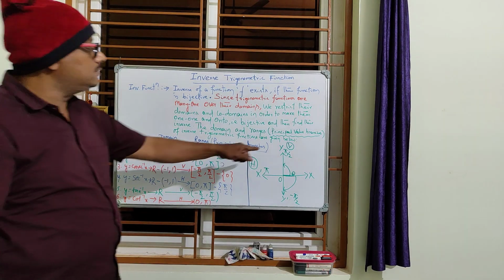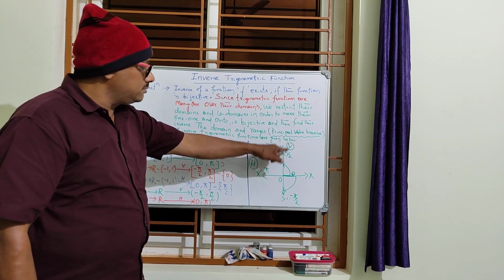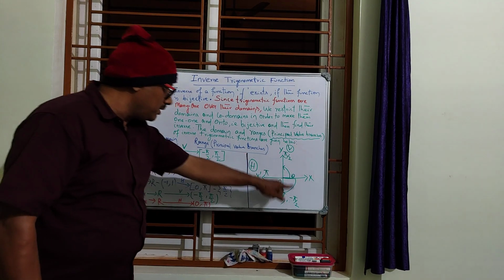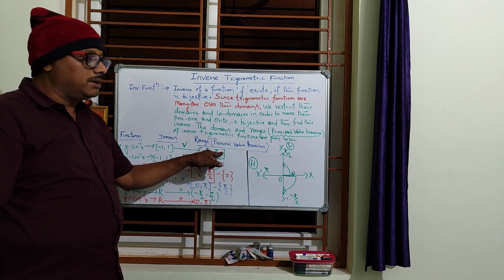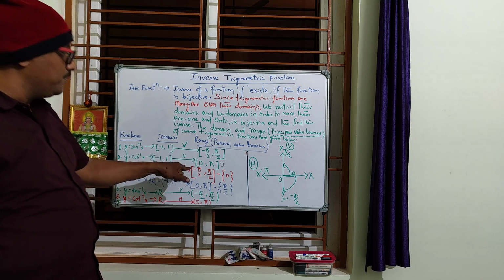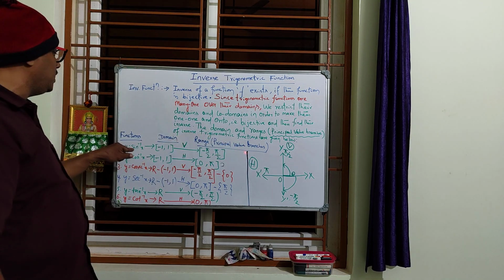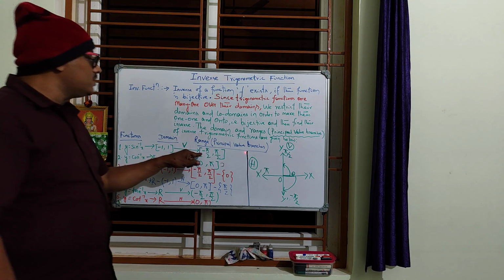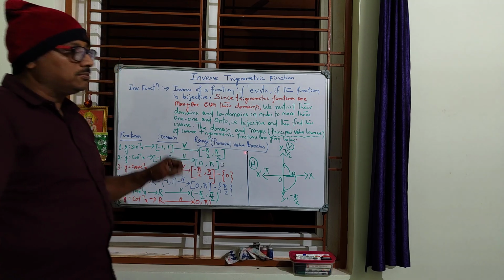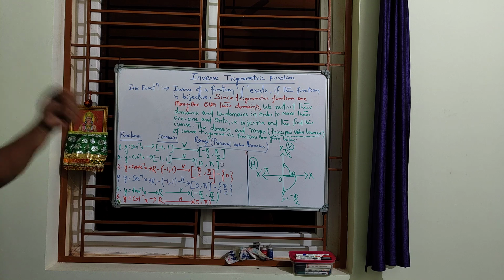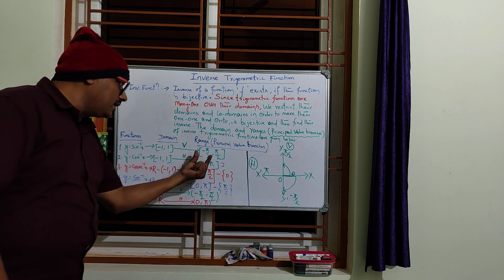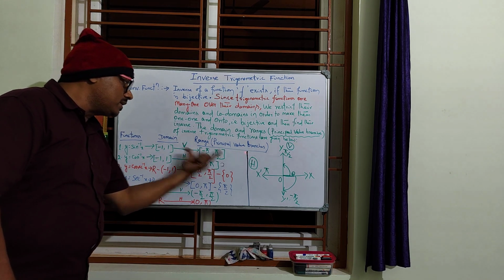Vertical means pi by 2 and minus pi by 2. The range is minus pi by 2 to pi by 2. The principal value branch of sine inverse x will be minus pi by 2 to pi by 2. Whatever value we calculate for sine inverse x, that principal value will lie between minus pi by 2 and pi by 2.